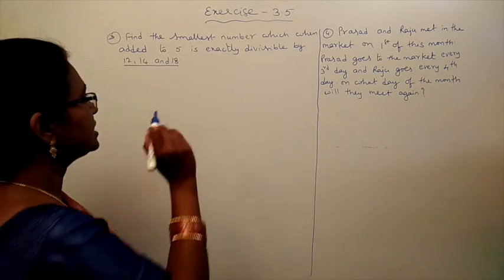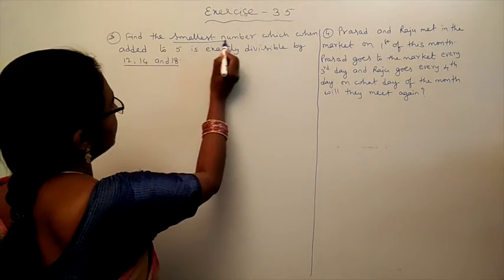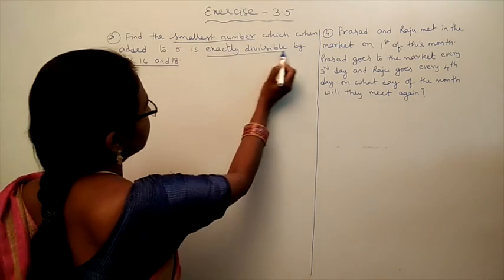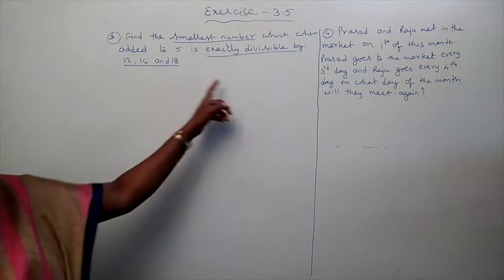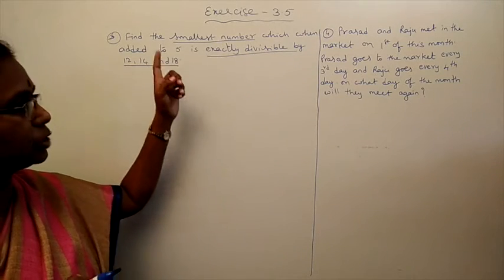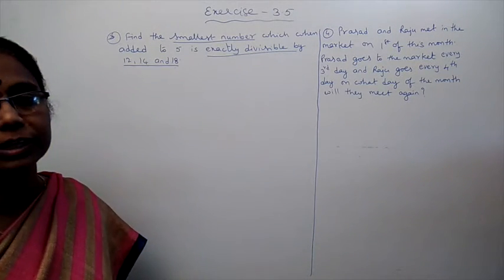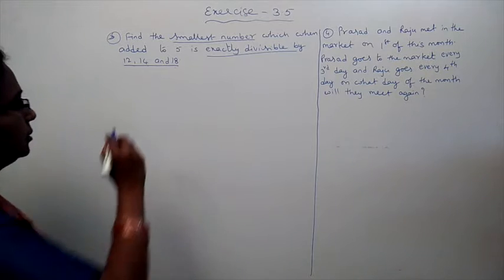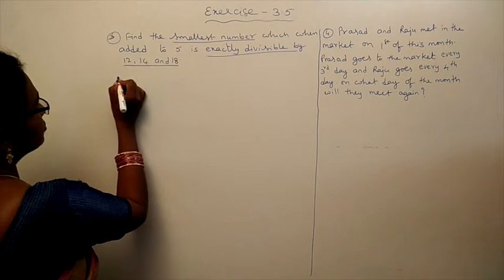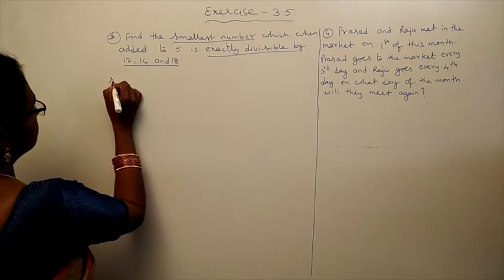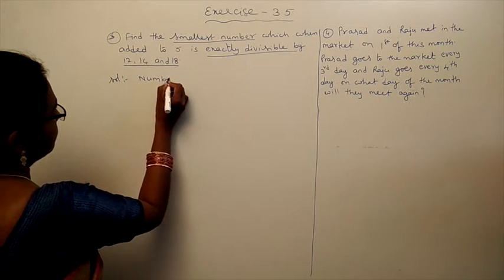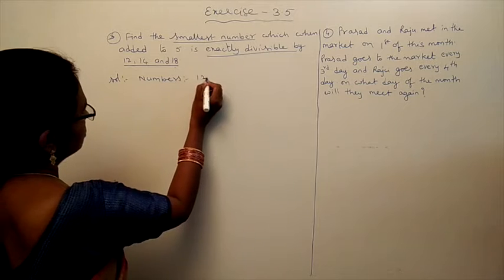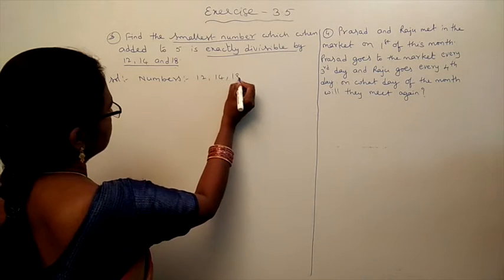That means first we have to find the smallest number exactly divisible by 12, 14, 18. Smallest number means what do we have to take? LCM. Solution: numbers 12, 14, 18.